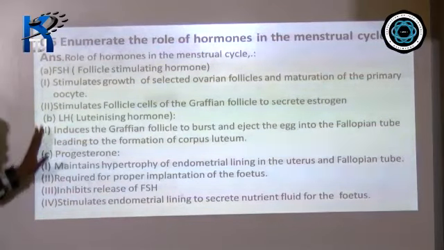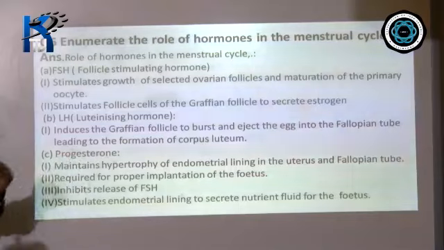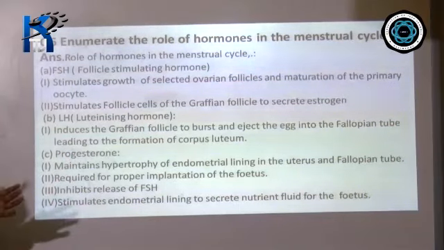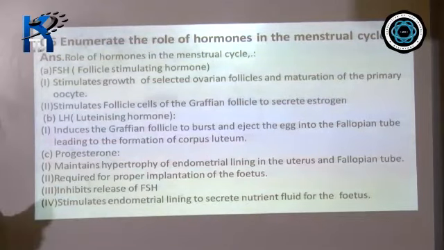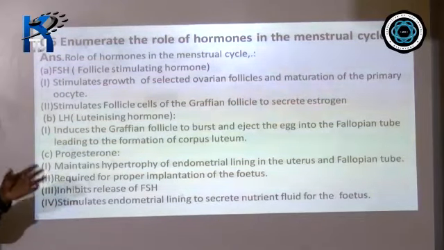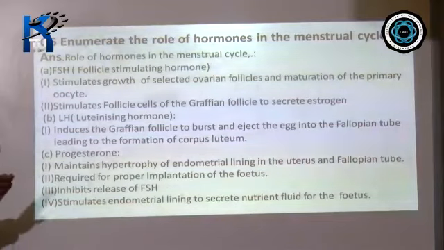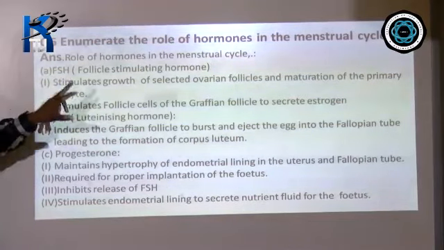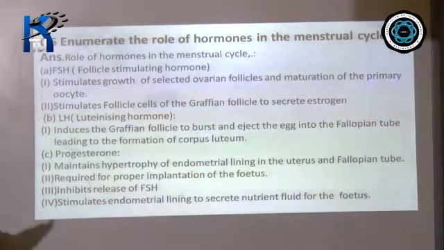So you are listing it, but in the correct order of events. Whereas when the question says simply list, you can write randomly, and any point can be haphazard in nature. But in enumerate the role of hormone, try to write it in the correct sequence.